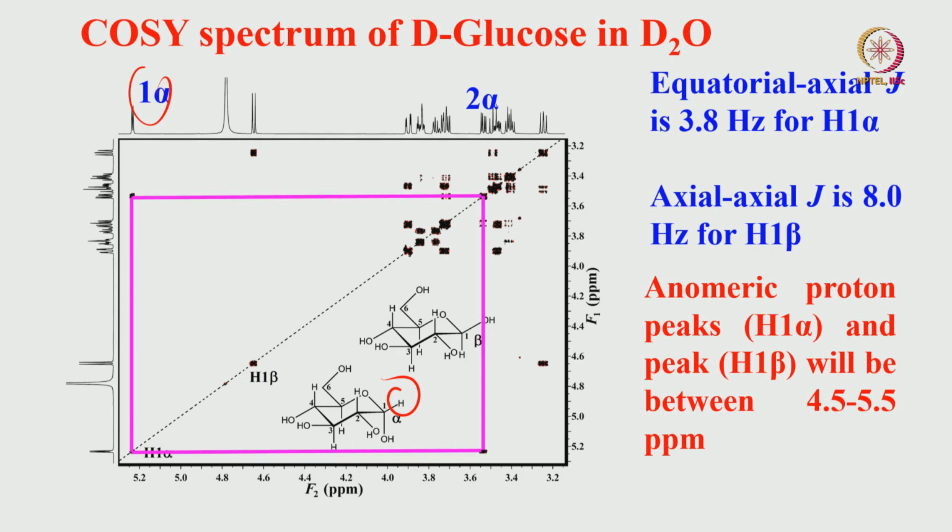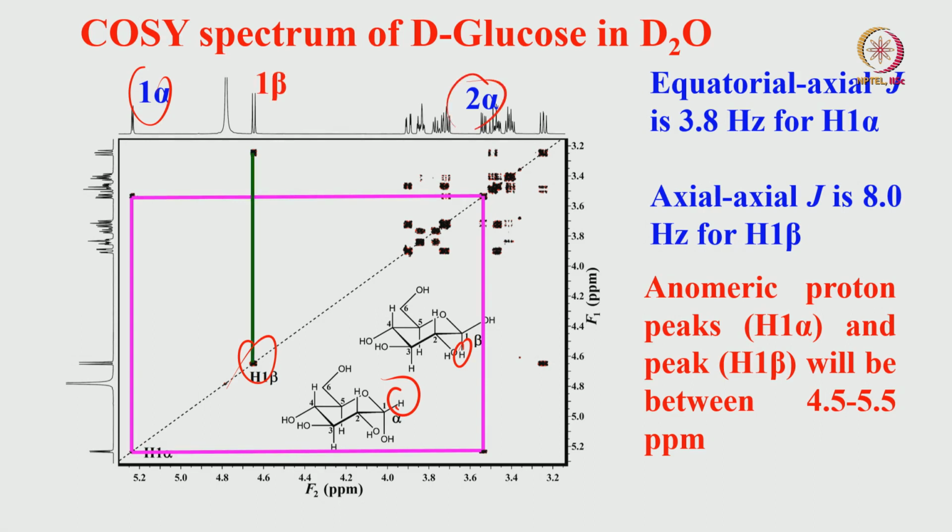Now, the structure of both is given. This anomeric proton has an axial-axial coupling, whereas this one has an axial-equatorial coupling. That is why this coupling is much smaller, whereas beta has the larger coupling. Alpha, if I know 1, I know 2 very easily.